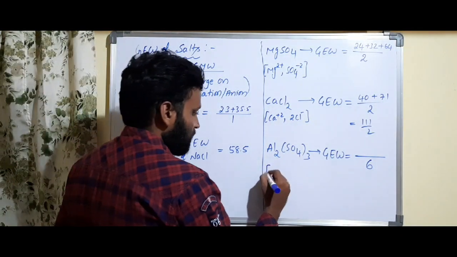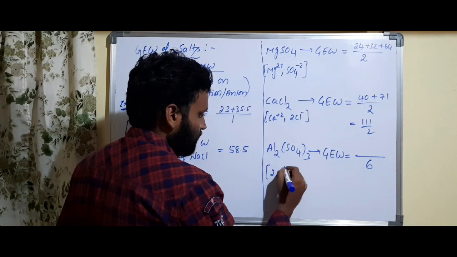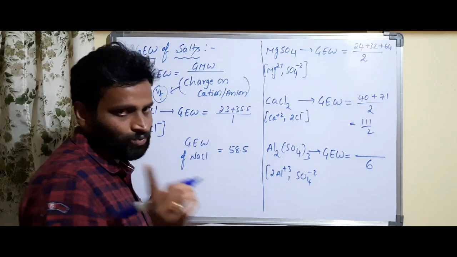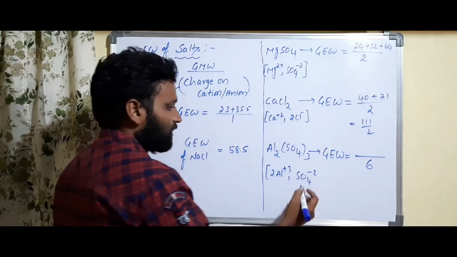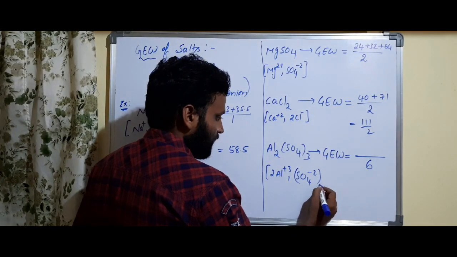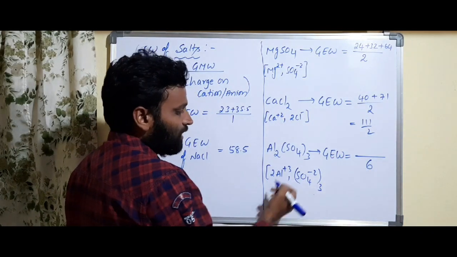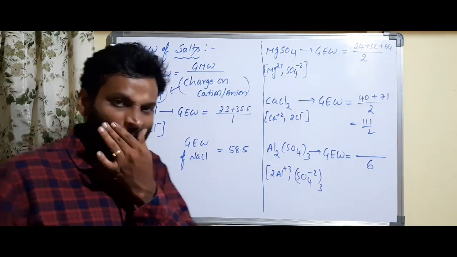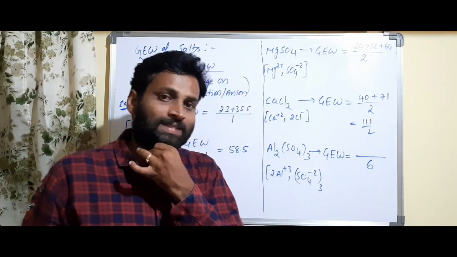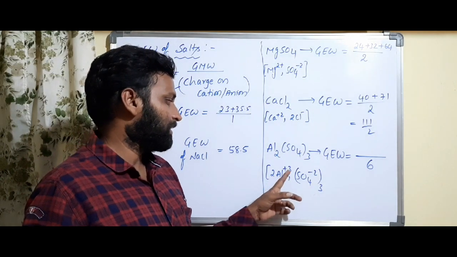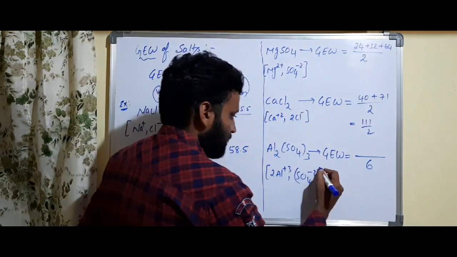Because here you will get 2 Al plus 3, aluminium plus 3, and sulfate, which is always minus 2. From that itself you can understand, 3 twos are 6. So 6. Aluminium charge is always plus 3. Charges we will understand soon, no worry. So 2 Al 3 plus and SO4 2 minus.